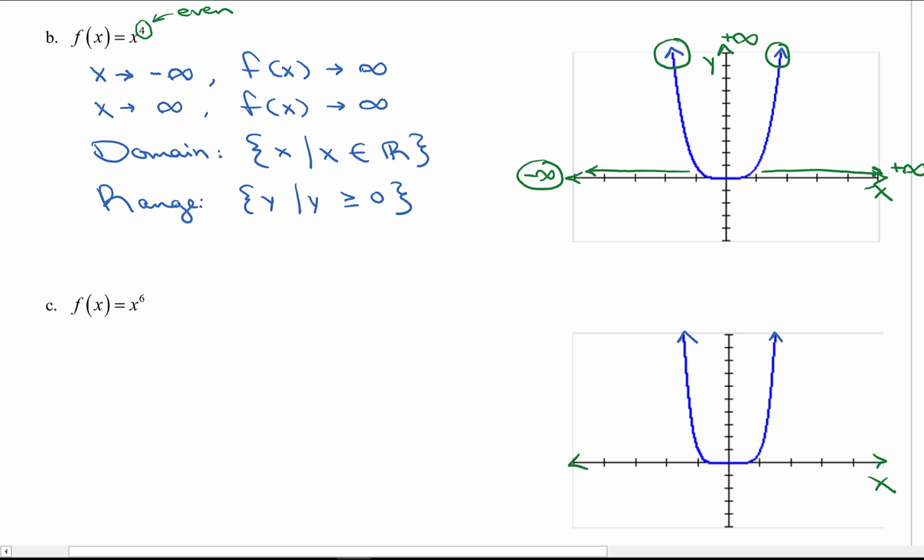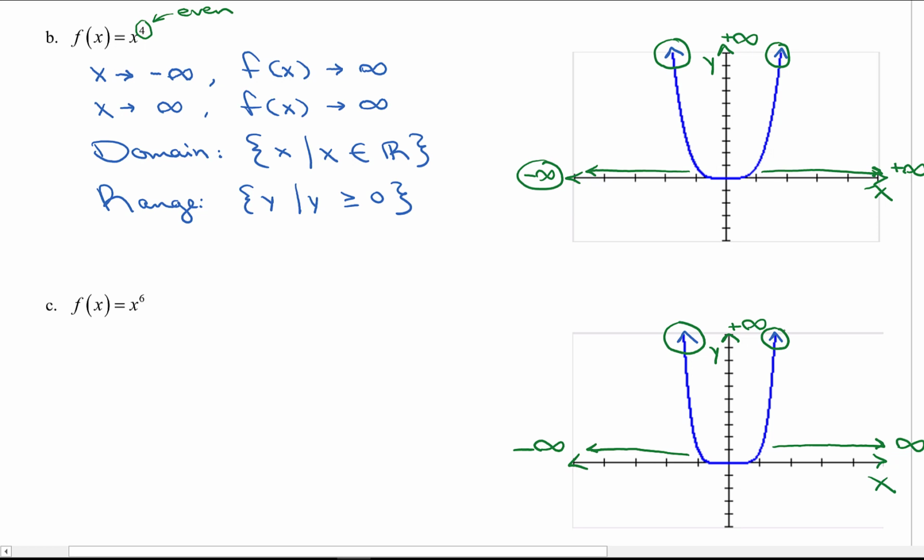So as x goes towards negative infinity, it looks like this function is going up towards positive infinity for the y. And as x approaches positive infinity, it looks like this function is going to approach positive infinity as well.